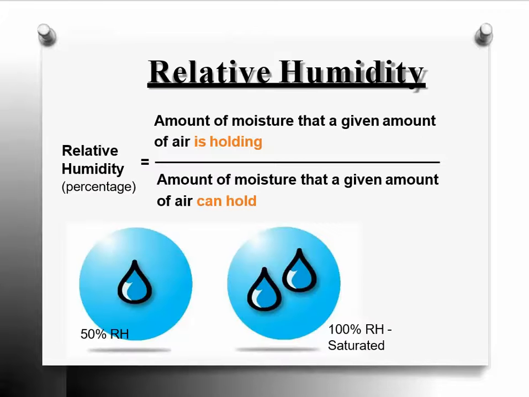Next we have relative humidity. Relative humidity is a ratio, or the comparison of two humidities. It is the ratio of the amount of moisture that a given amount of air is holding to the amount of moisture that a given amount of air can hold.